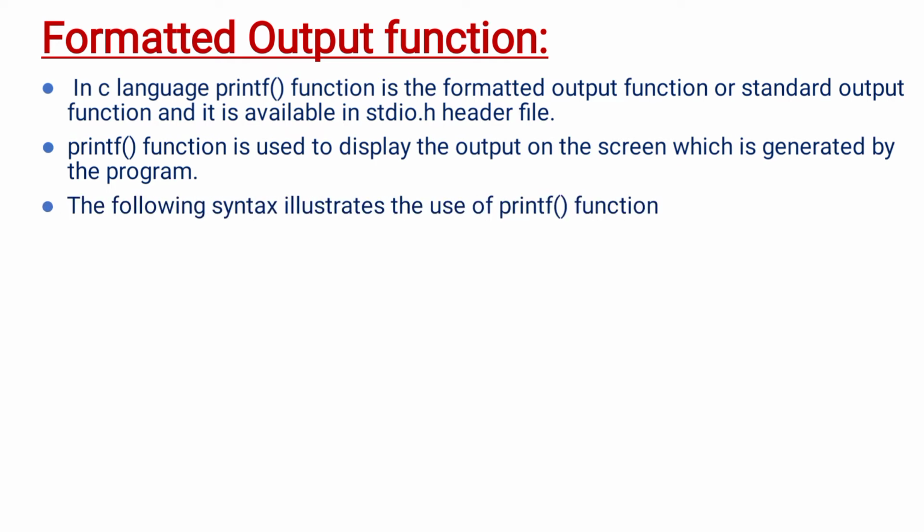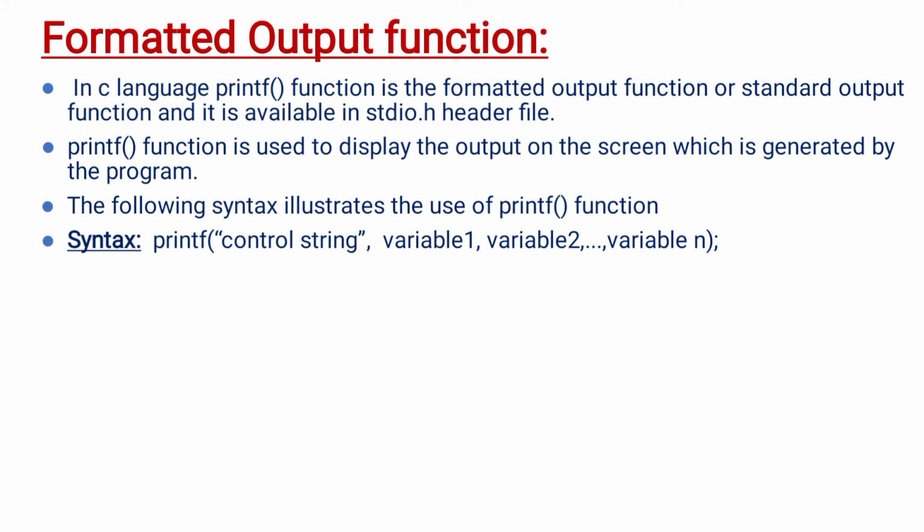The following syntax illustrates the use of the printf function. Let's see how to write it. Printf, within the double quotes control string, comma, variable 1, variable 2, and so on, up to variable n, and at the end we write a semicolon.